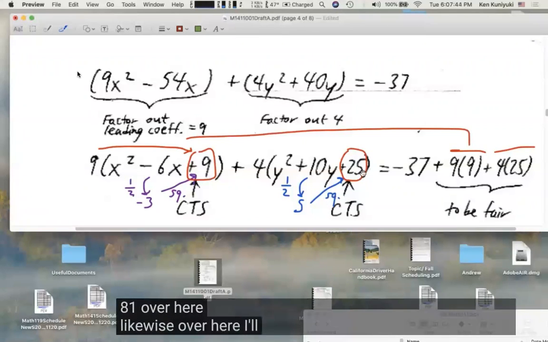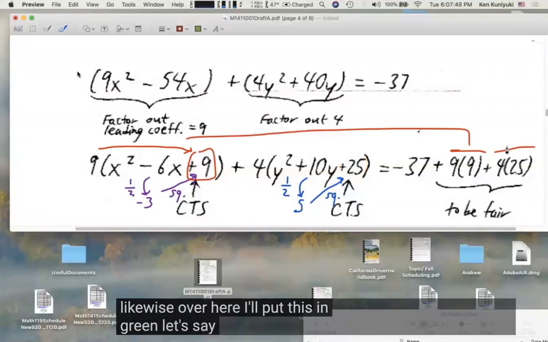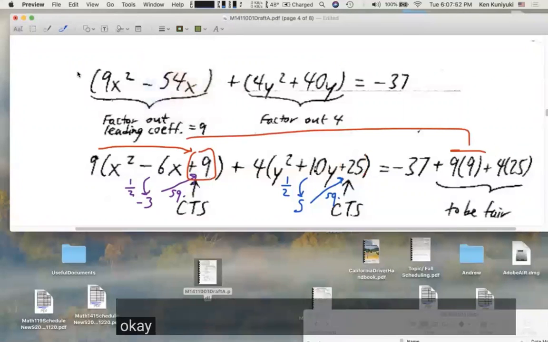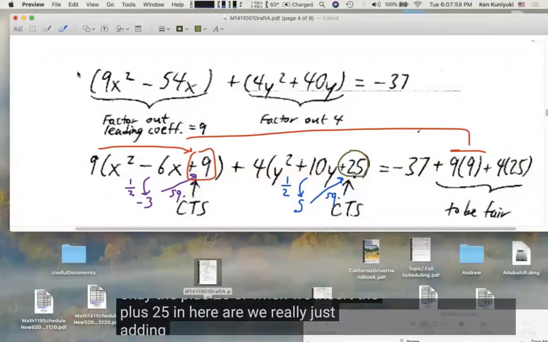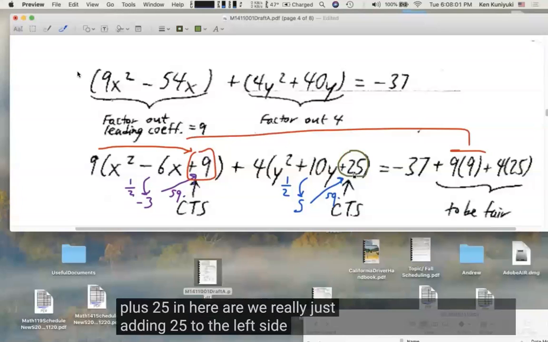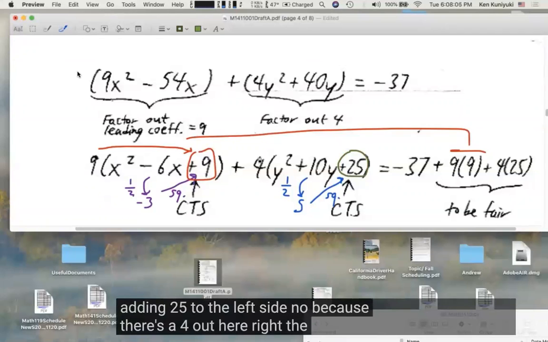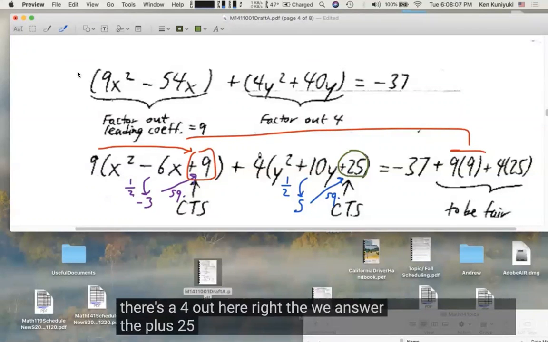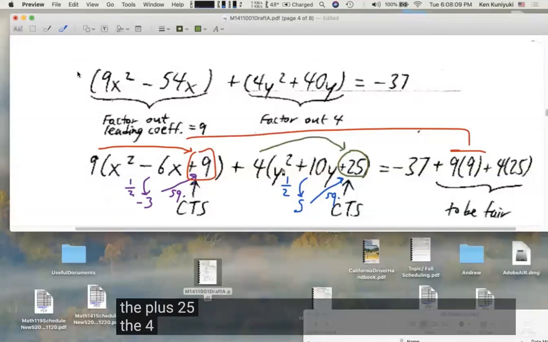Likewise, over here, I'll put this in green, let's say. The plus 25. When we insert the plus 25 in here, are we really just adding 25 to the left side? No, because there's a 4 out here, right? The 4 distributes in and hits the 25.